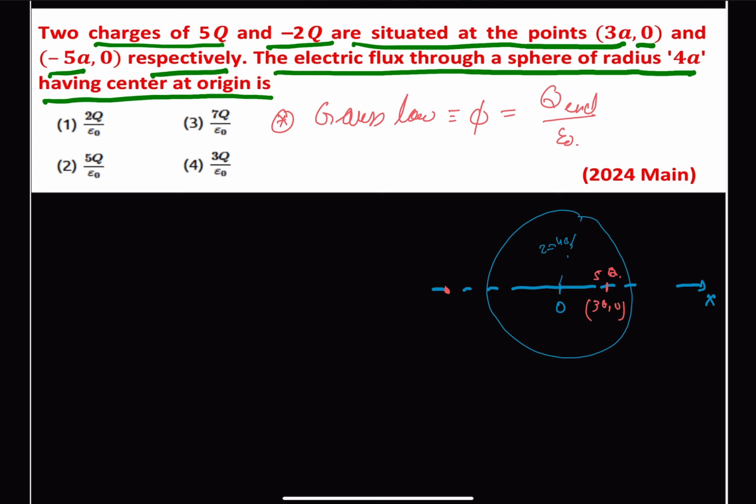This is our charge minus q, at minus 5a, 0. So it means only one charge is lying inside the sphere whose flux we are going to find out.